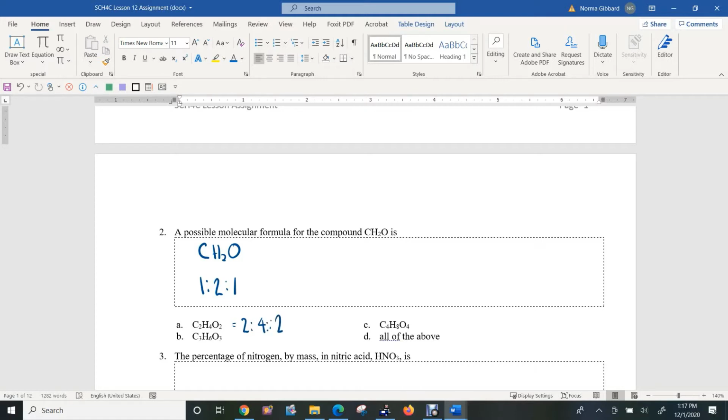Now that can simplify down to 1 to 2 to 1. It's correct. Now, in part B, 3 to 6 to 3 is also 1 to 2 to 1. Here we have 4 to 8 to 4, which is also 1 to 2 to 1. So all of the above are correct.